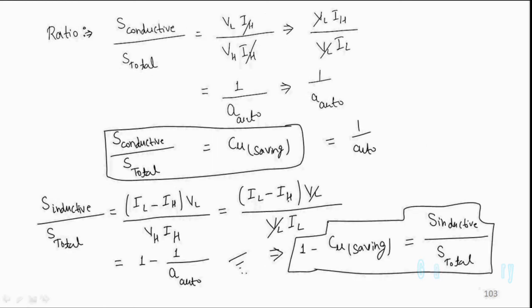So (IL minus IH) into VL divided by VH IH equals (IL minus IH) by IL. After solving this, you will get 1 minus 1 by A auto, or you can say 1 minus copper saving, because 1 by A auto equals copper saving. So S inductive by S total equals 1 minus copper saving.